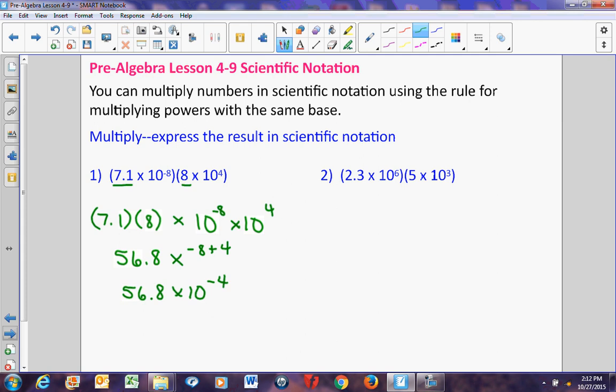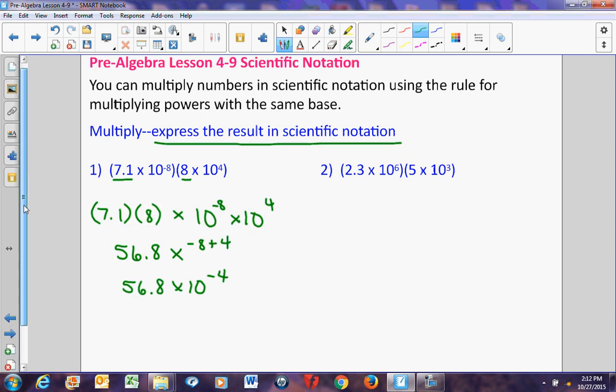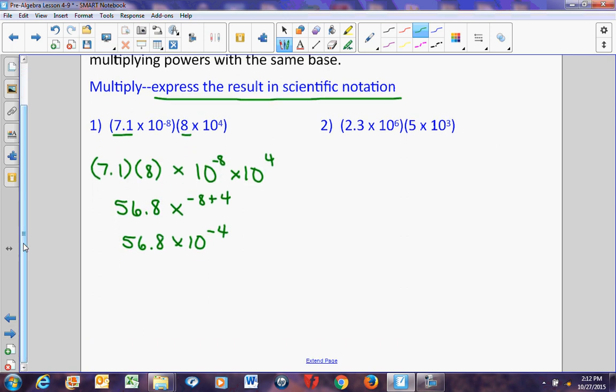But we're not done at this point because it says express your result in scientific notation. And this isn't quite in scientific notation yet. It's partially in scientific notation. We need to change the 56.8 to become 5.68 times 10 to the first, because we made the number smaller so it's a positive power of 10, times 10 to the negative 4, which makes this 5.68 times 10 to the negative third.